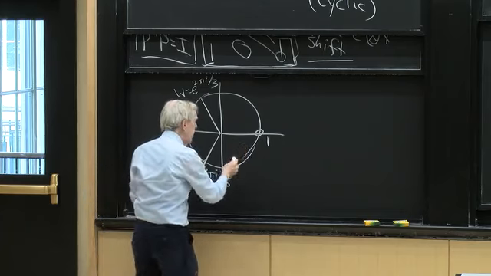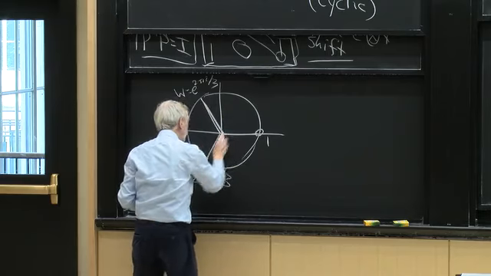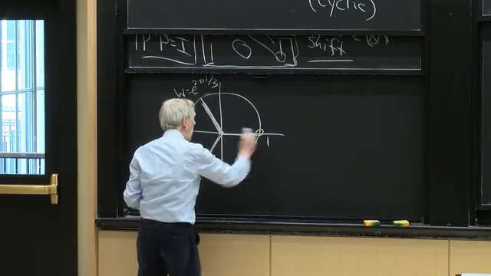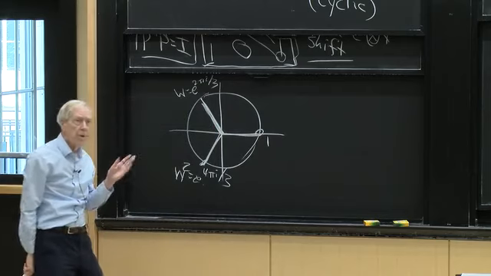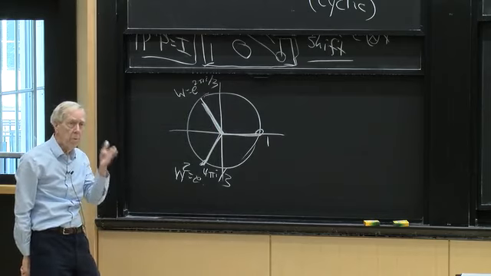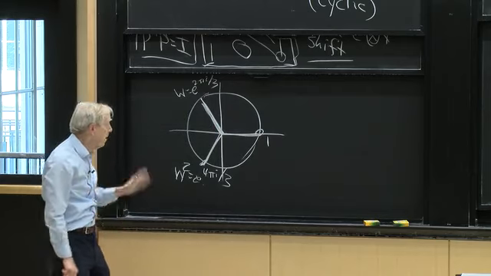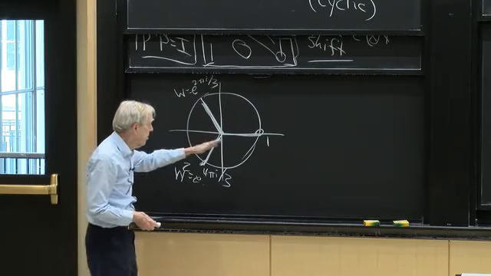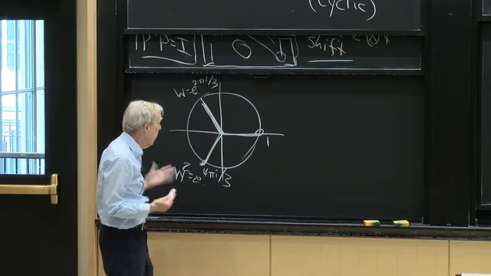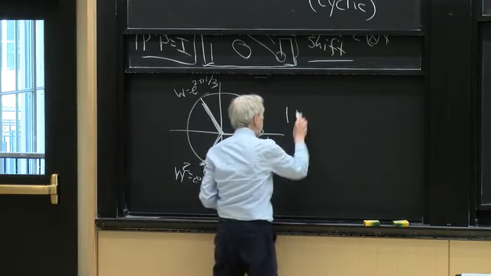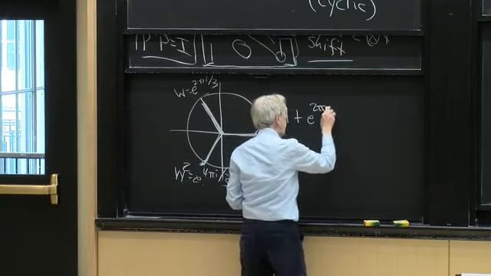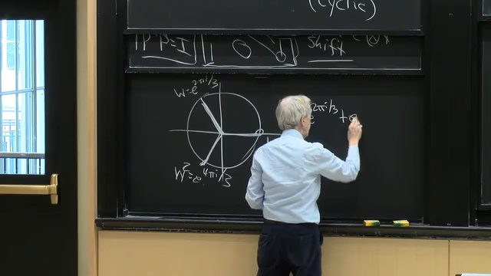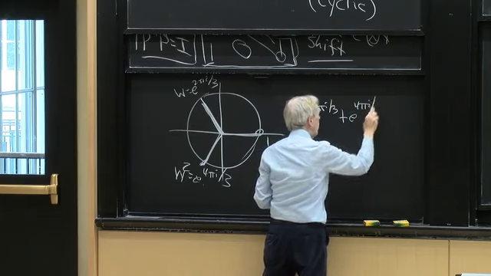And I believe that those three numbers add to 0. And therefore, they're orthogonal to the 1, 1, 1 eigenvector. Because for the dot product I just want to add those three numbers. So why is that true? 1 plus e to the 2 pi i over 3 plus e to the 4 pi i over 3 equals 0.